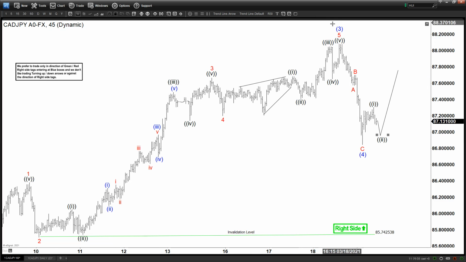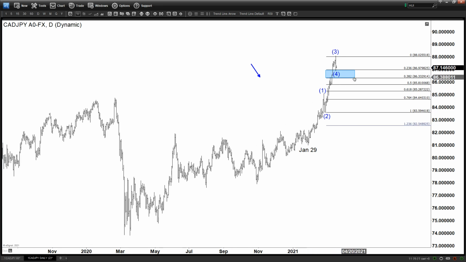But of course, until it breaks above wave 3 again, we can always do a double correction, right? We can always do that. This could be an ABC like this, for example, fail to break above and then do another leg lower. Now if that's the case, then it becomes a WXY, and it can go to the 38.2% retracement right here.